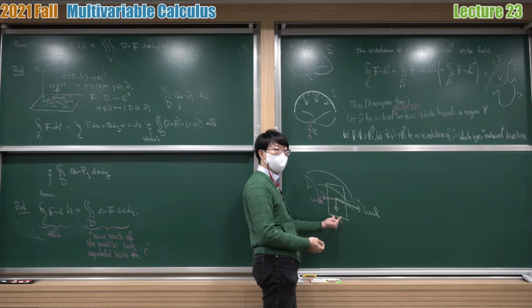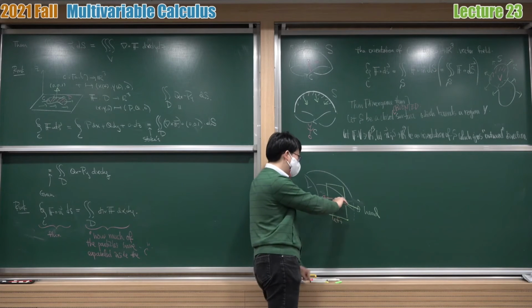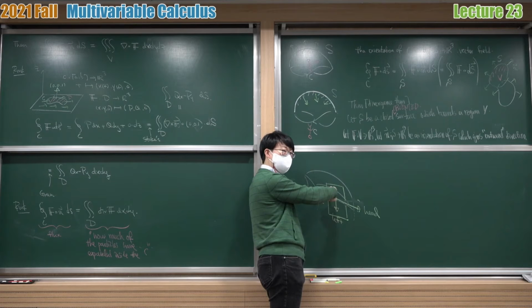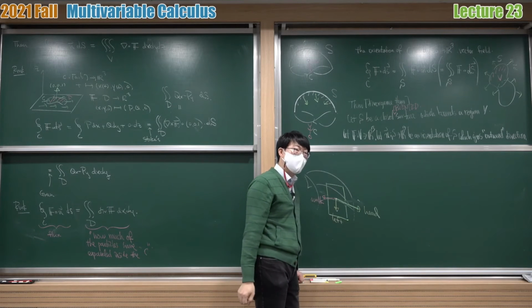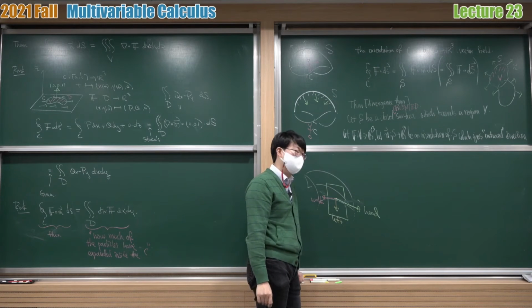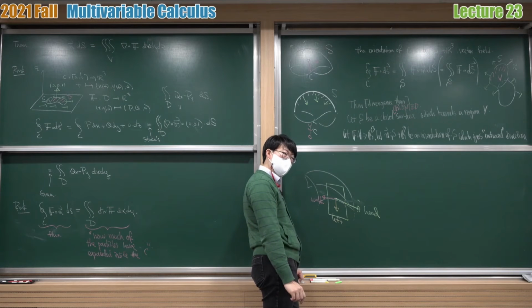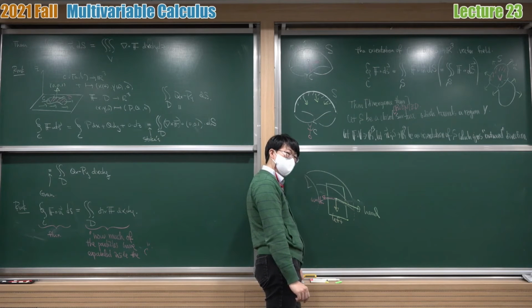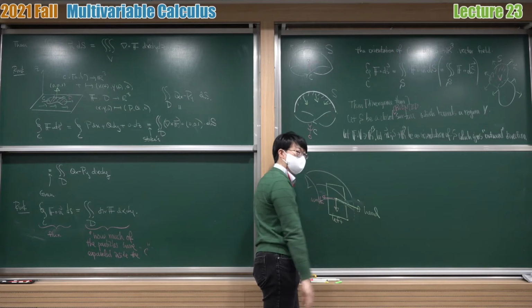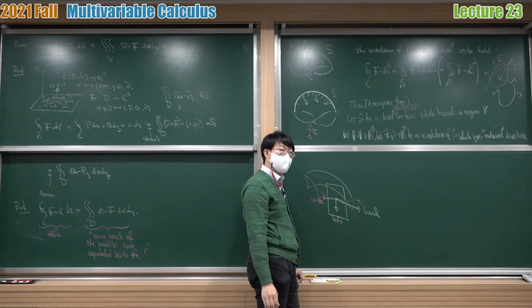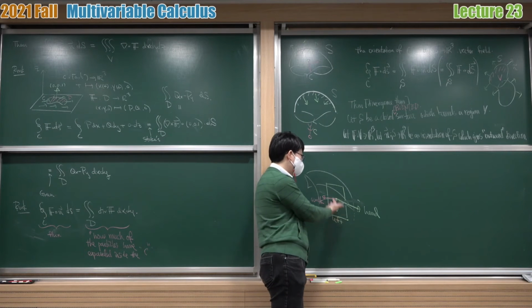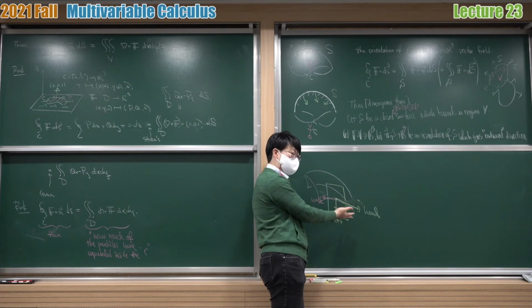If you want to put your left arm to the inside of the surface S, you have to walk backward, because the head direction is already fixed. This is not the way you can put your left arm inside of the surface S.